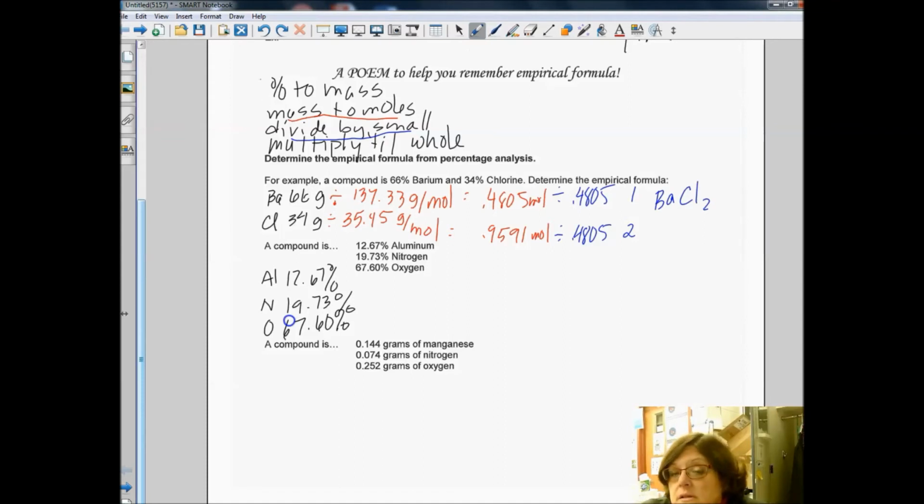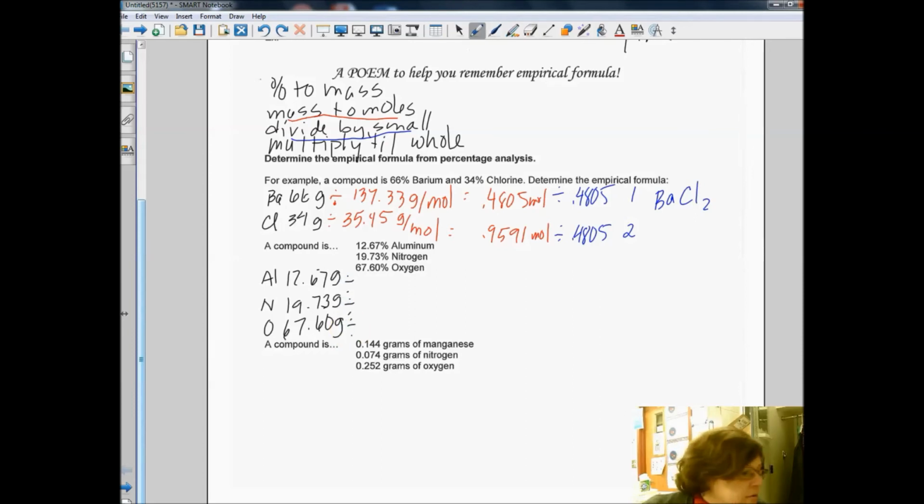It has spit this information out. It tells us the percent composition. Now we're going to figure out the empirical formula. Okay, first thing we have to do is change percent to mass. We changed it to mass. Then we change mass to moles.